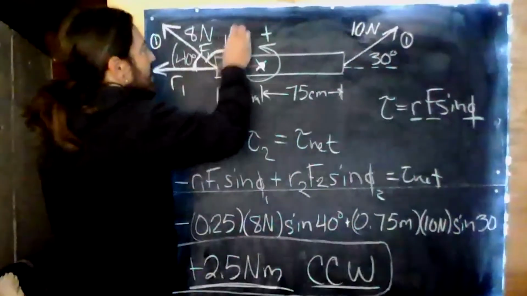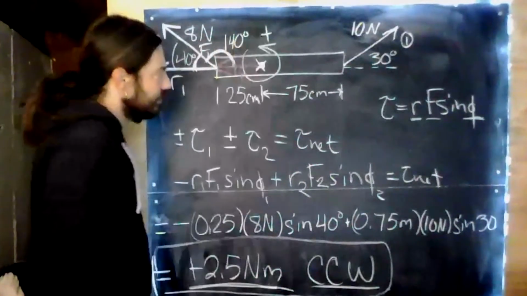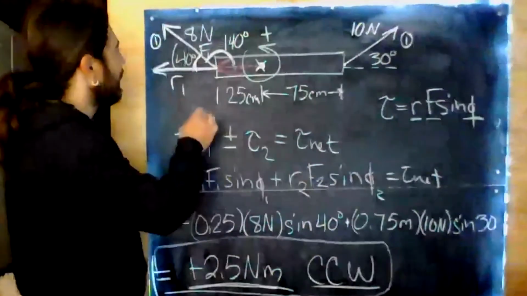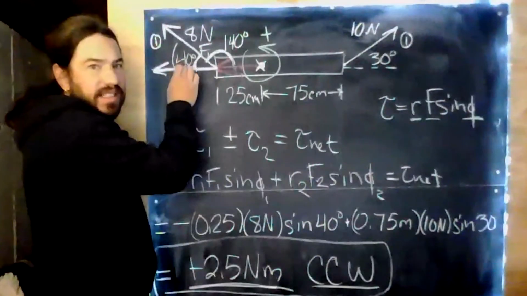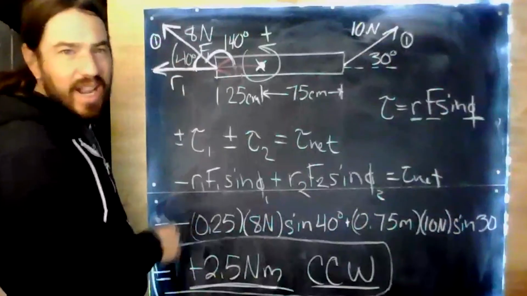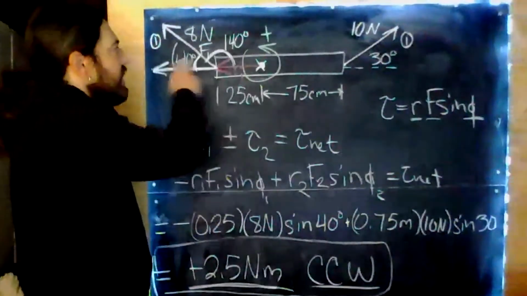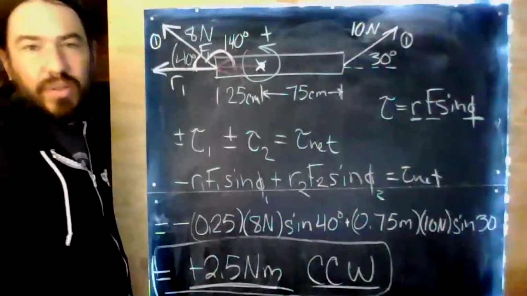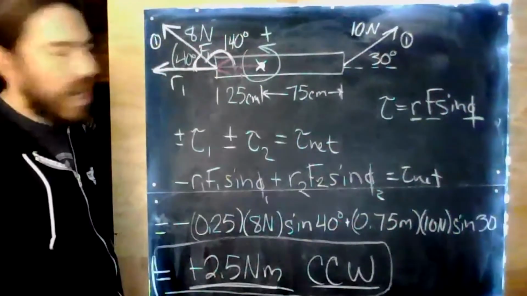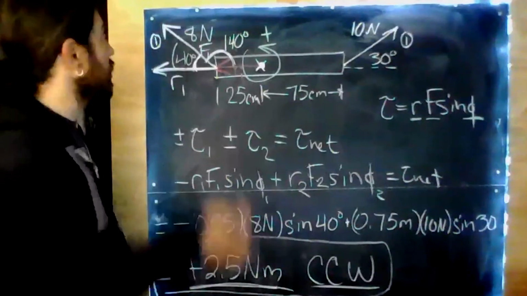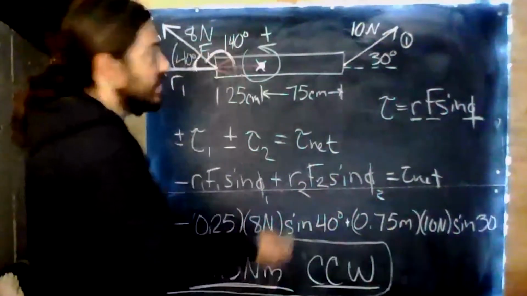This is 40 degrees, that makes this 140 degrees. Technically the angle we're using is this 40 degrees. It doesn't matter, and you can check it out, because it turns out that the sine of 40 degrees is equal to the sine of 140 degrees. And so you get the same answer there, whether you use 40 degrees or 140 degrees.